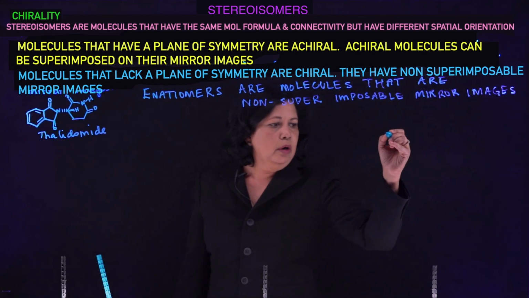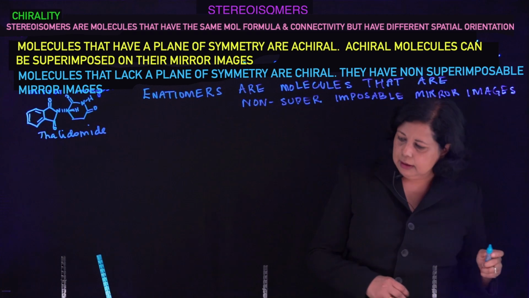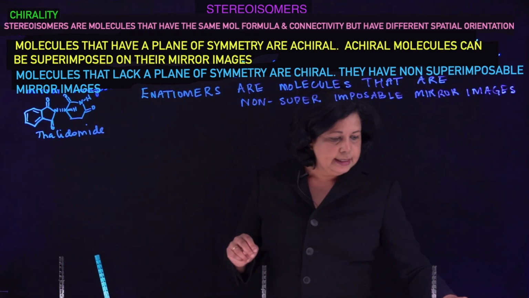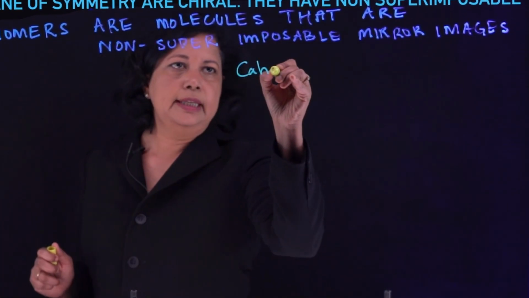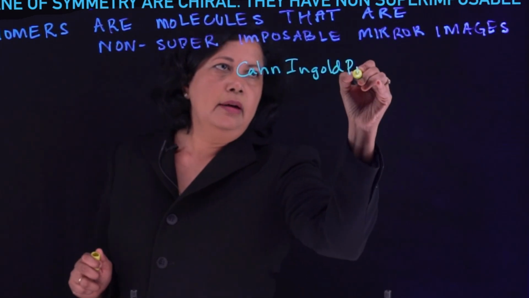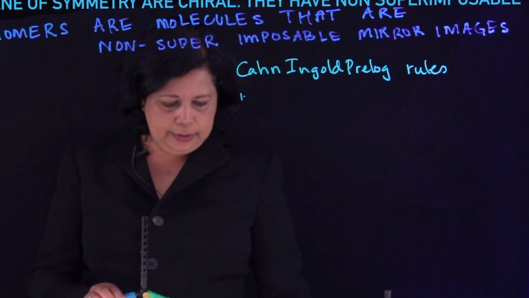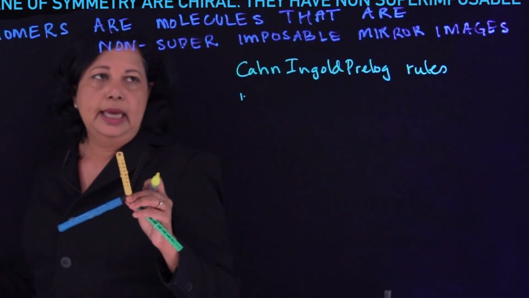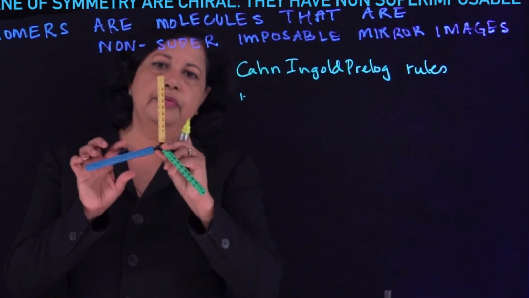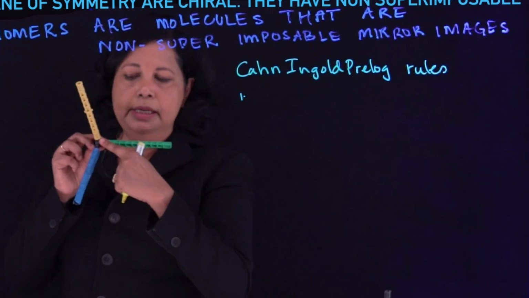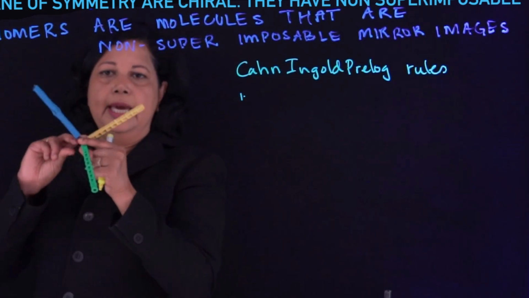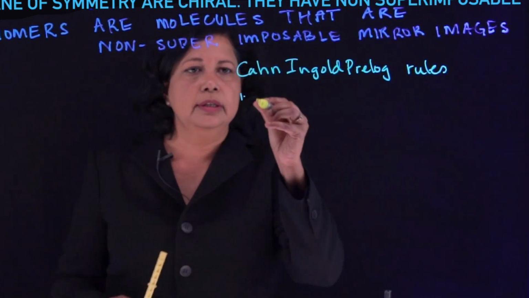So we have what we call the Cahn-Ingold-Prelog rules. Cahn with a C, Ingold-Prelog rules. First, a molecule would have a stereocenter. So you've got to find the carbon or the nitrogen that is the stereocenter.